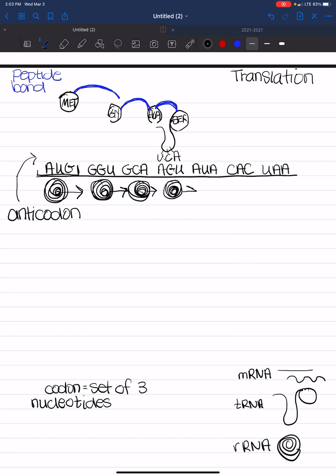Chain is going to move over. We're going to get the next transfer RNA that comes in with the anticodon UAU. And it's going to carry the amino acid isoleucine, so ISO.